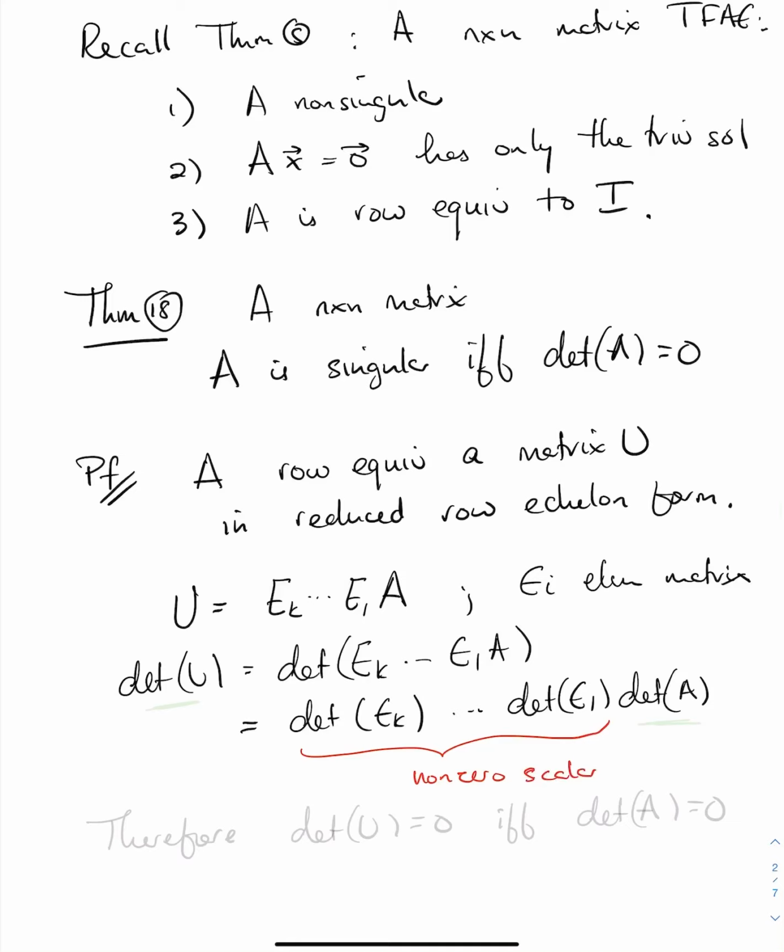And here we have the relationship between the determinant of U and the determinant of A. The determinant of U is going to be 0 if and only if the determinant of A is 0. This is what we're going to use to prove the rest of this theorem.